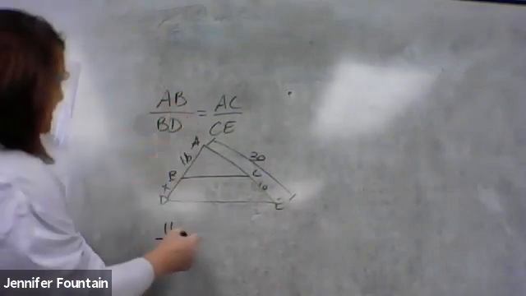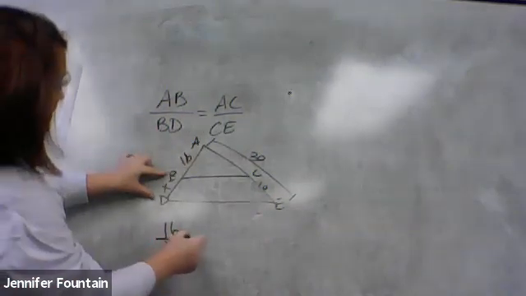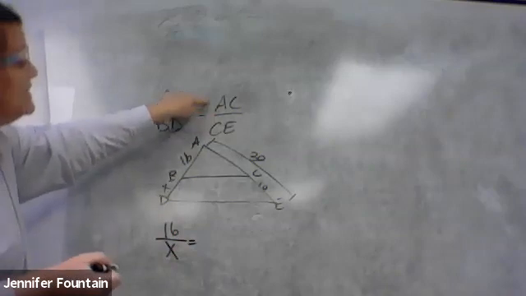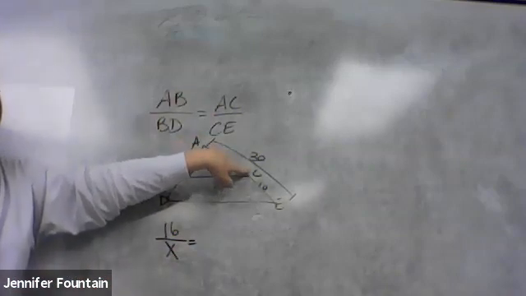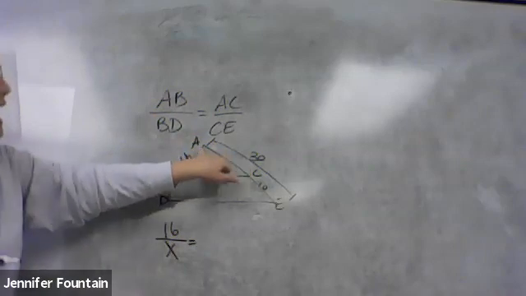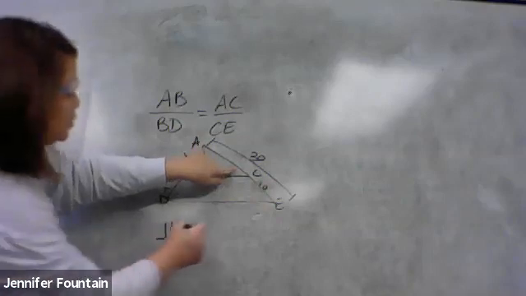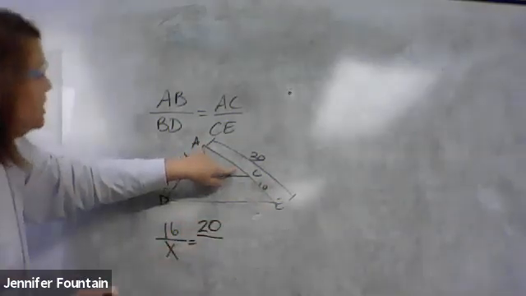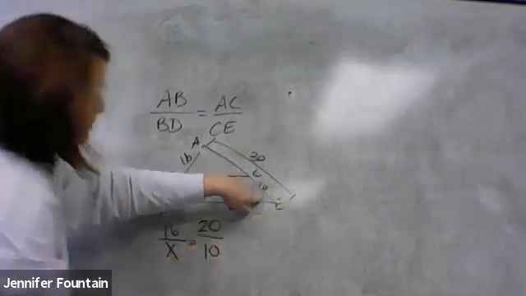Okay, so I have 16 over, what is BD? X is equal to, what is AC? No, A to E is 30. So AC is 20 over CE, which is 10.